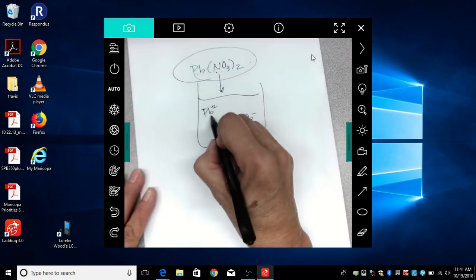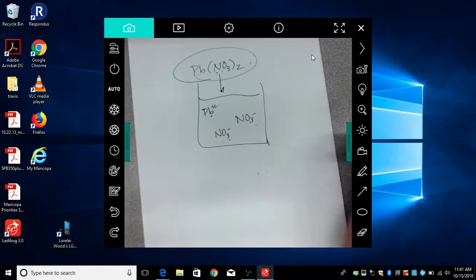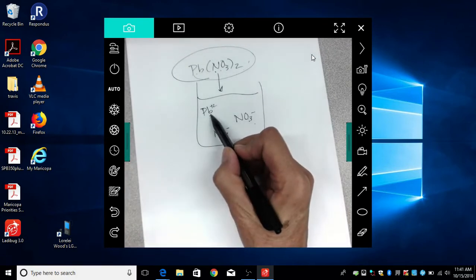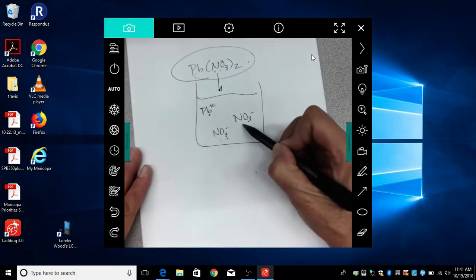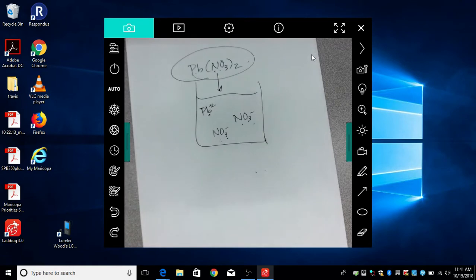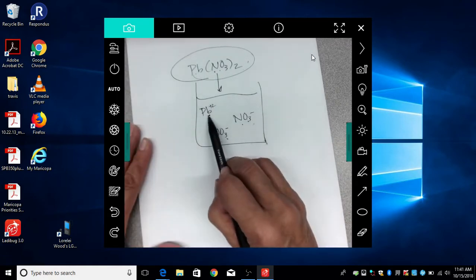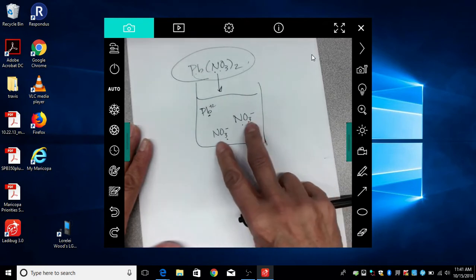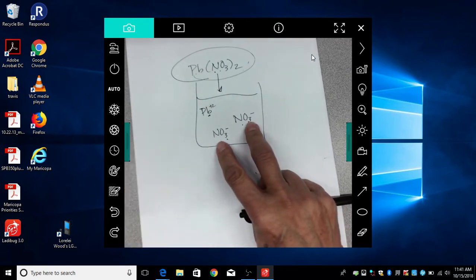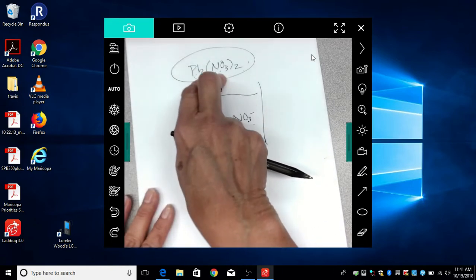This is the positive ion, those are the negative ions. We have lots and lots of lead ions floating around, and lots and lots of nitrate ions floating around. But if we looked at the ratio of lead to nitrate in this substance, there would be half as much lead as nitrate floating around. There would be twice as much nitrate as lead because of the way that lead nitrate is added up.